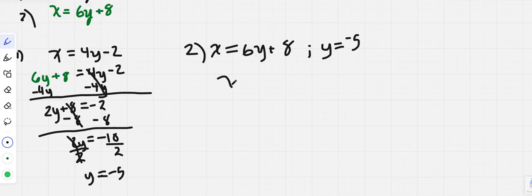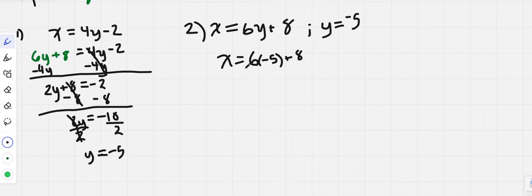So then we have x equals 6 times -5 plus 8. 6 times -5 is -30.